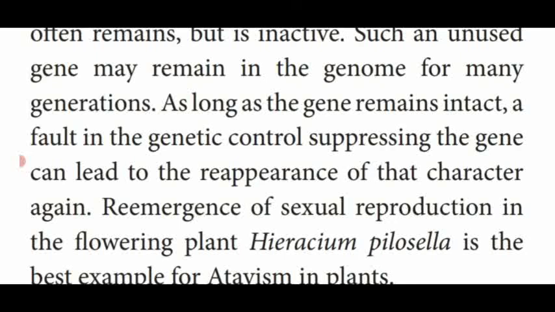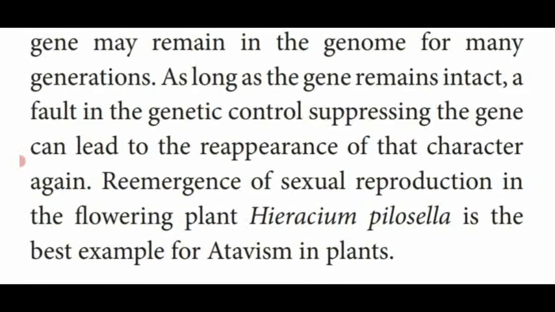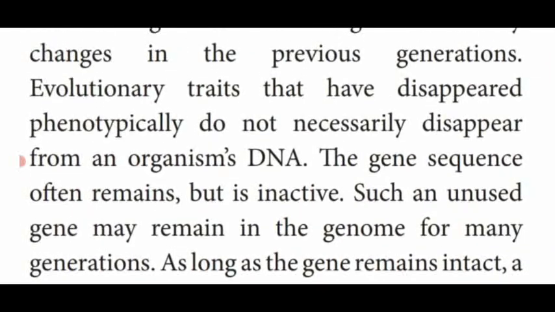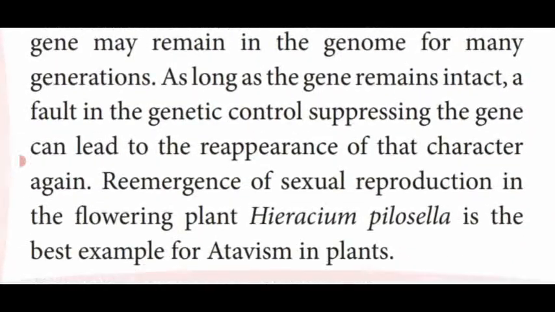So due to the suppression of the gene which is present in the DNA and is inactive, the genetic control failing to suppress the gene can lead to the reappearance of the character in one of the generations. That is said to be atavism. So an example of atavism is the flowering plant Hieracium pilosella.